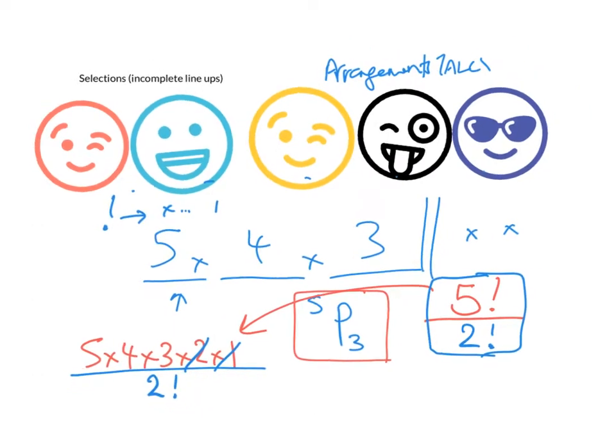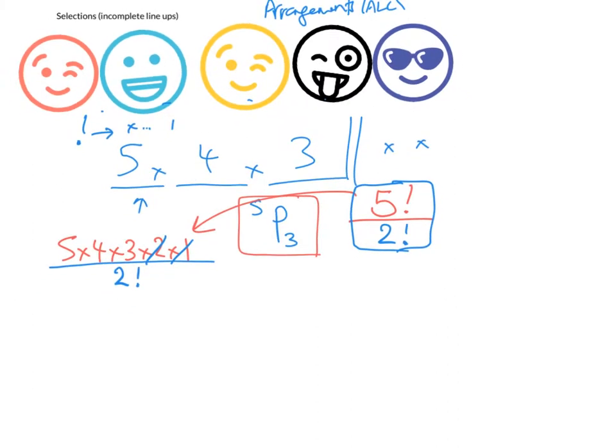What we're actually doing is taking the number of objects that we have in total, and dividing it by the ones that we don't pick. So the total number is 5. The number we pick is r, and the number that we don't pick is 2.